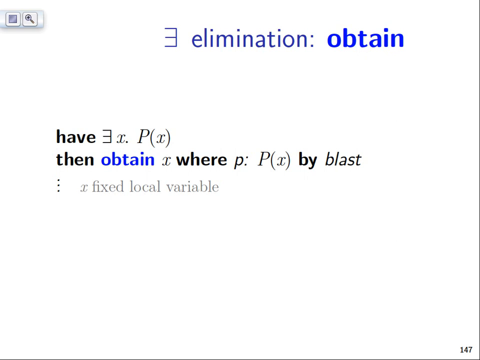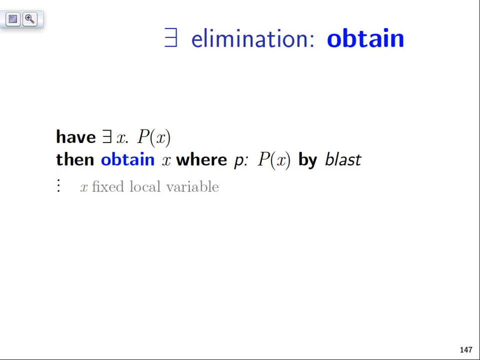You will always call it A, so you've done something like going into the scope of a locally quantified thing, and that's what we're doing here. Explicitly, we're saying, please give me an x which I can now use for the rest of the proof, and give me the assumption that P of x is true.